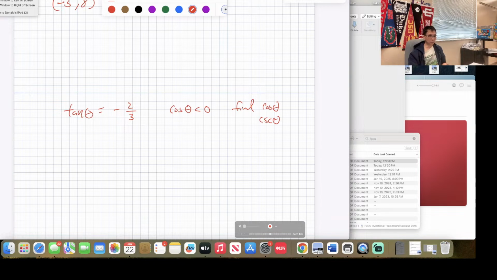What does that say? If tangent theta is equal to -2/3 and cosine theta is less than 0, find cosine theta and find cosecant of theta. You gotta think. I'm not teaching you, but you gotta think.